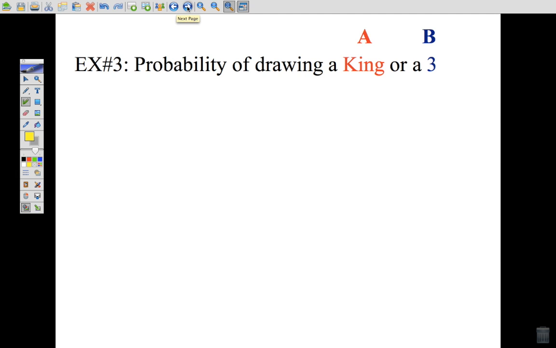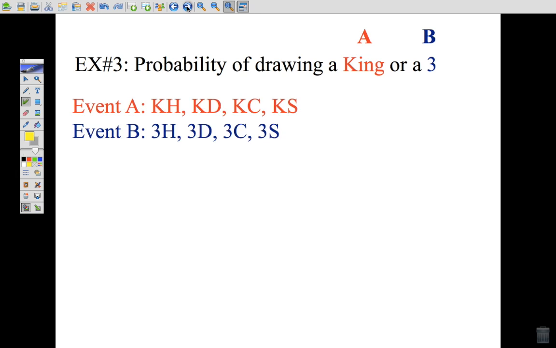What's the probability of drawing either a king or a 3? If someone were to fan the whole standard 52 deck out in front of you and say, pick a card, any card, what would be the probability of drawing a king or a 3? Well, you might want to just make a list of all of the elements in each event. Event A is that you want to draw a king.